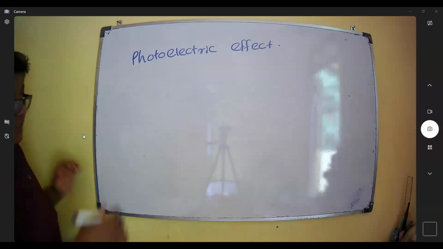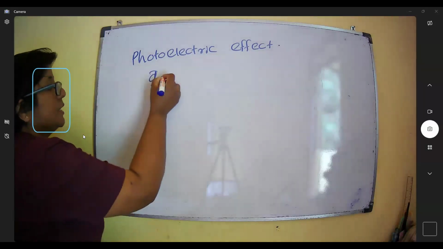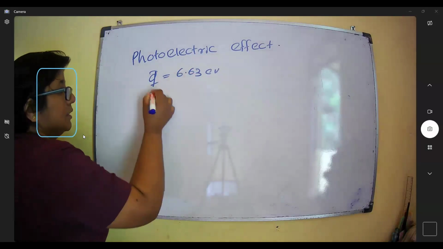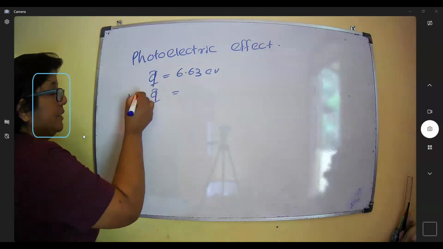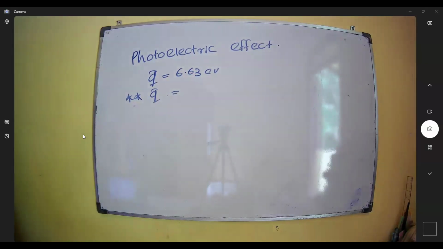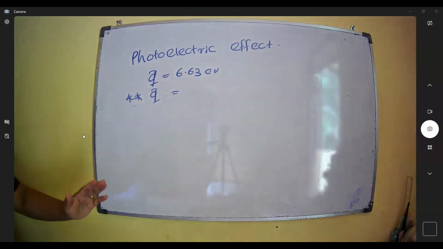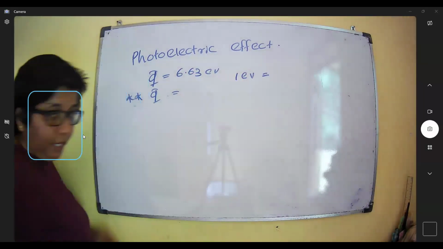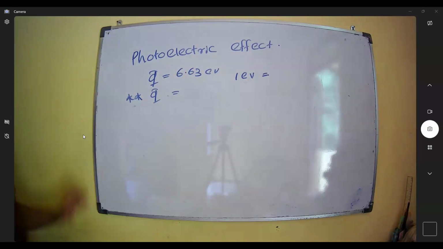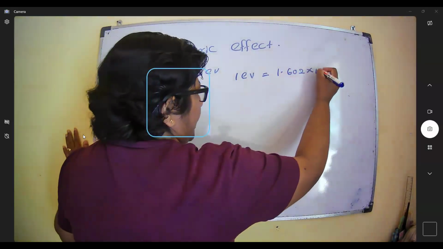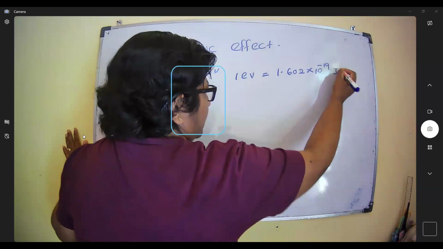Then phi is equal to 6.63 electron volt. First you should convert this into joules. In the question paper I mentioned that 1 electron volt is equal to 1.60 times 10 to the minus 19 joules.